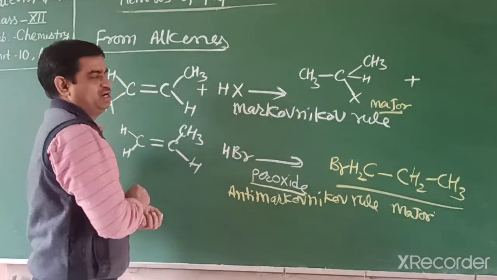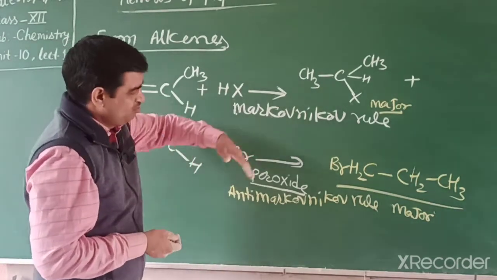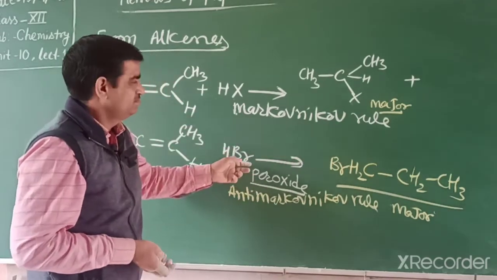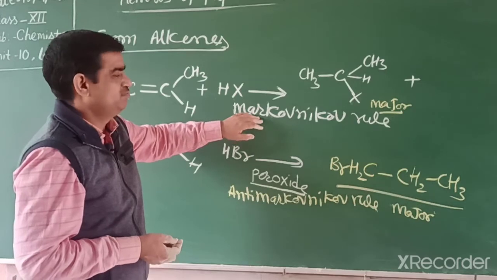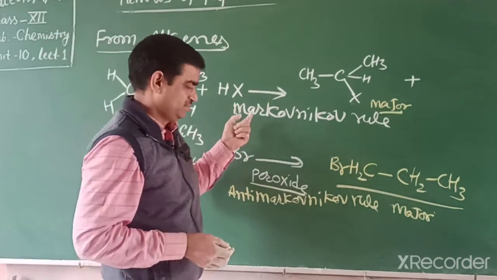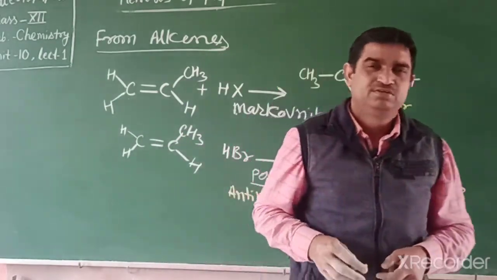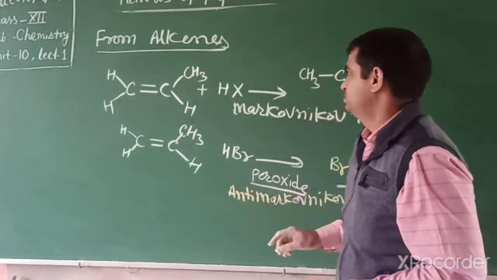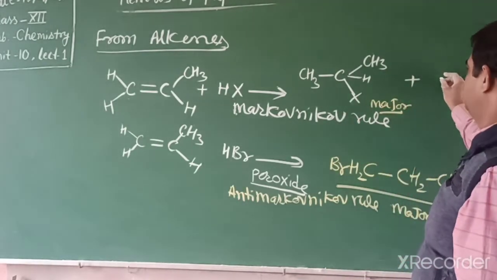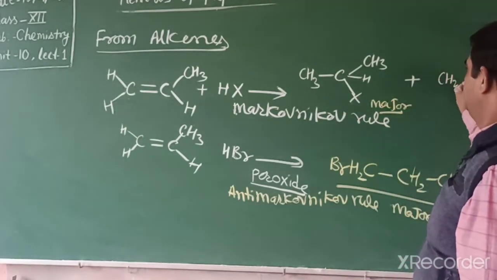Anti-Markovnikov reaction occurs by a free radical mechanism, and this reaction occurs through formation of a carbocation. For detail, you can see your 11th class, where you get major and minor products in every reaction.